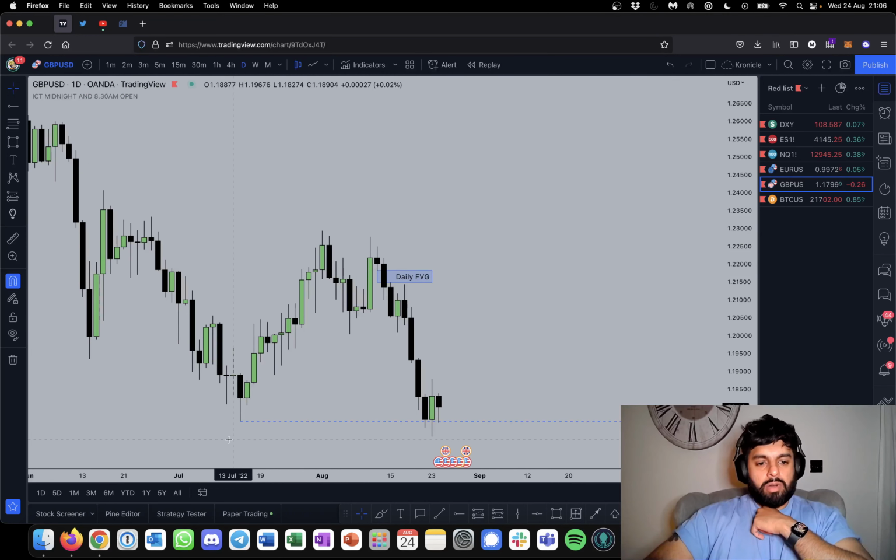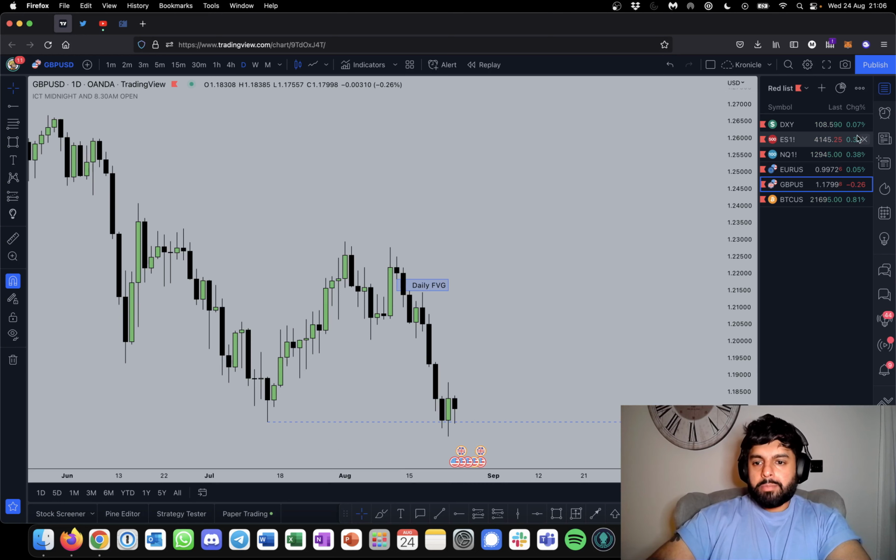A sweep of the 14th of July low on Monday, and we see a swing low formed yesterday, and we're seeing plenty of fair value gaps up here, so opportunities for retracement. We'll have to see how we get on there.